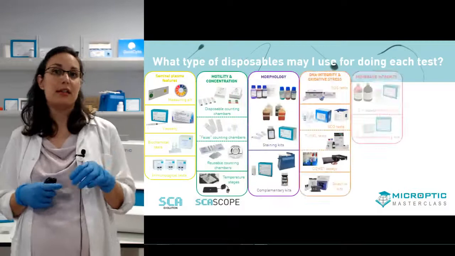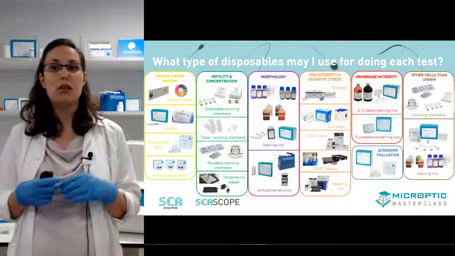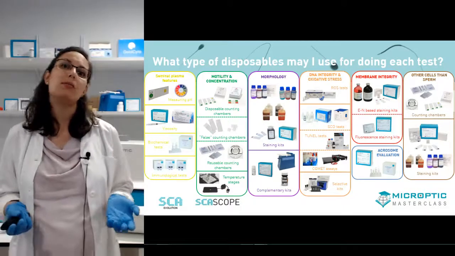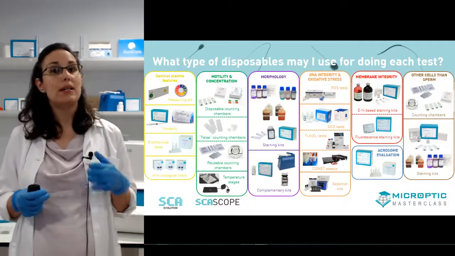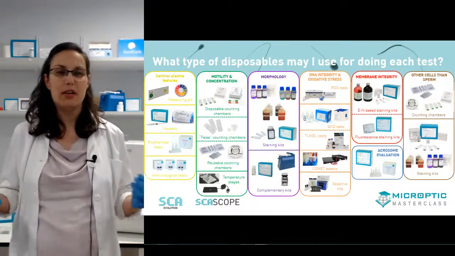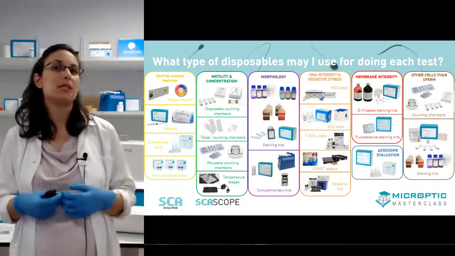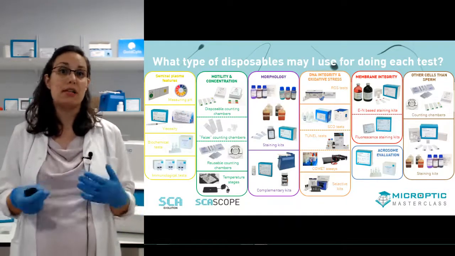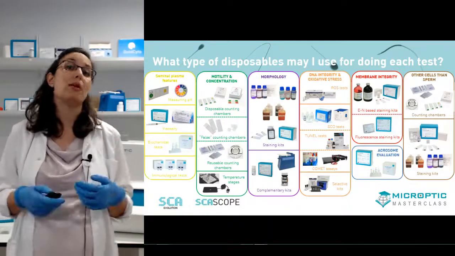Here in this slide I show that there are lots of different disposables available in the market for doing the same test. For instance, there are lots of different staining solutions for evaluating sperm morphology, or different counting chambers for assessing the sperm concentration or the sperm motility.